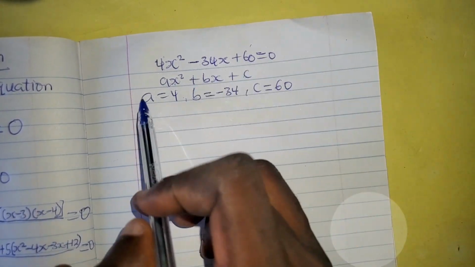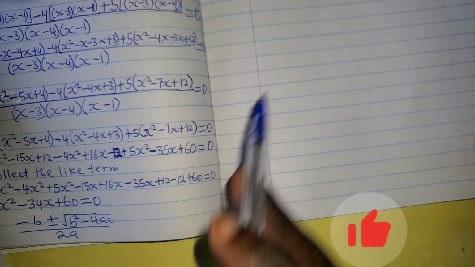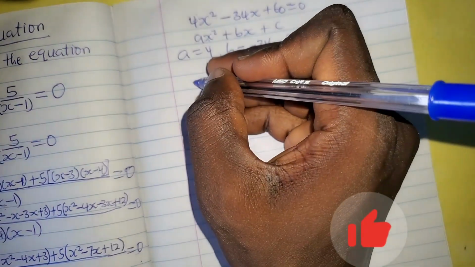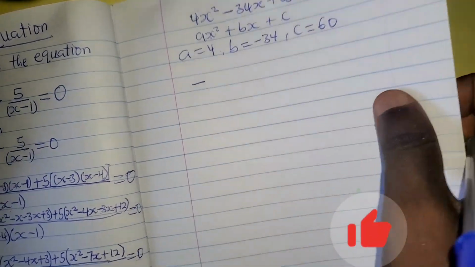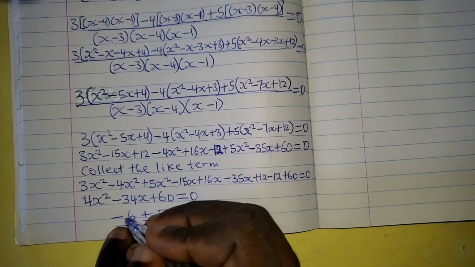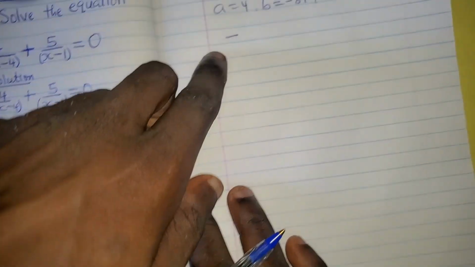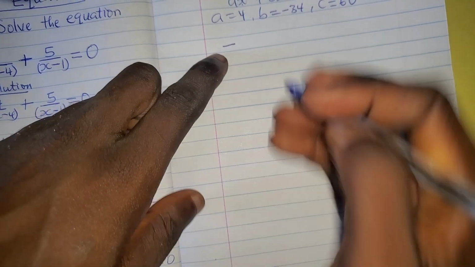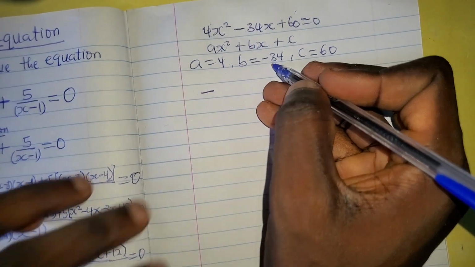So if I now substitute all these values into our quadratic formula here, I will have minus, there's a minus there before b. Then my b is equals to minus 34.